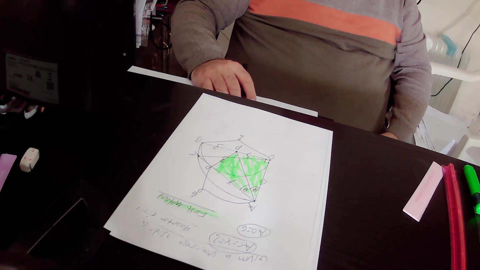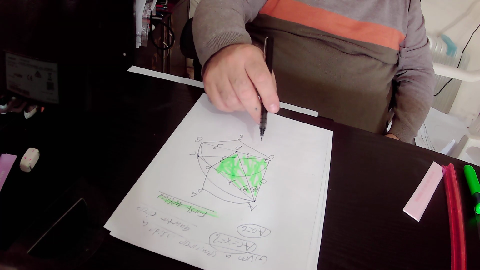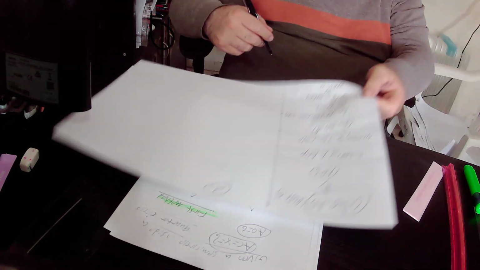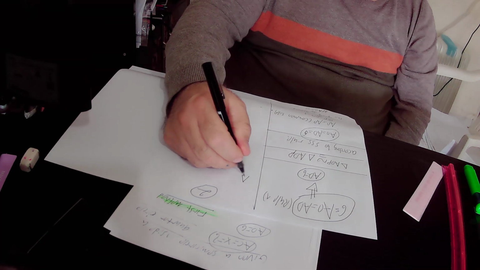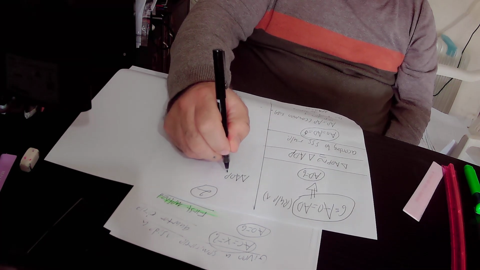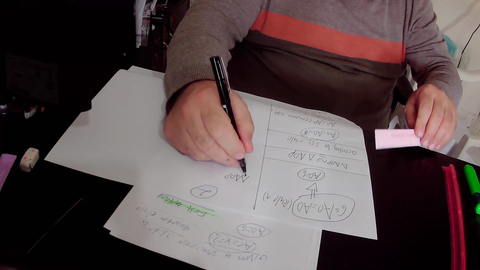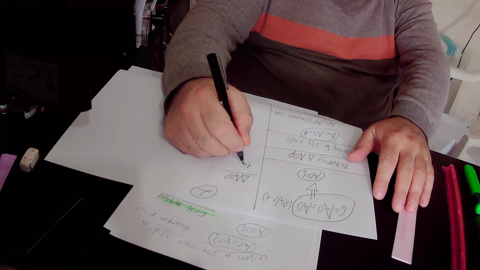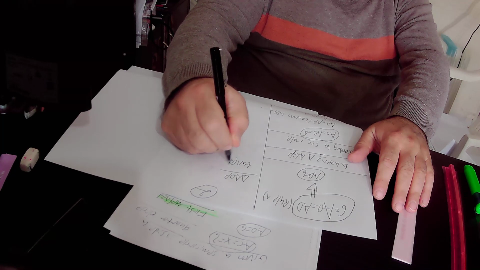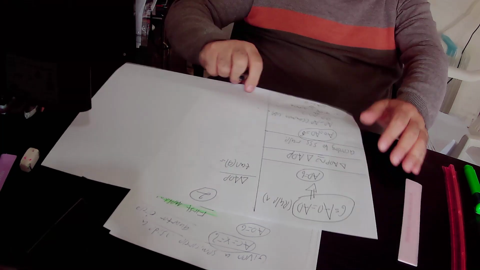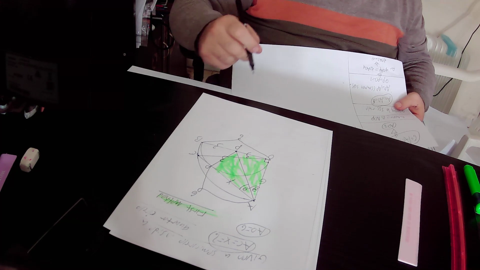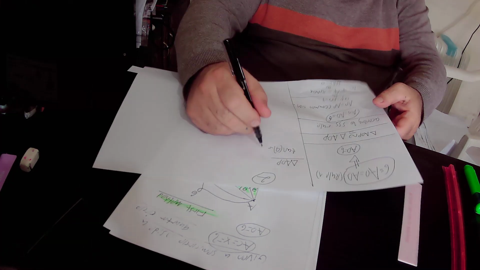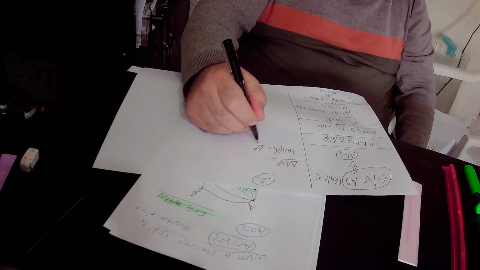And in the green right triangle AOP, we know that tangent theta equals OP over OA.